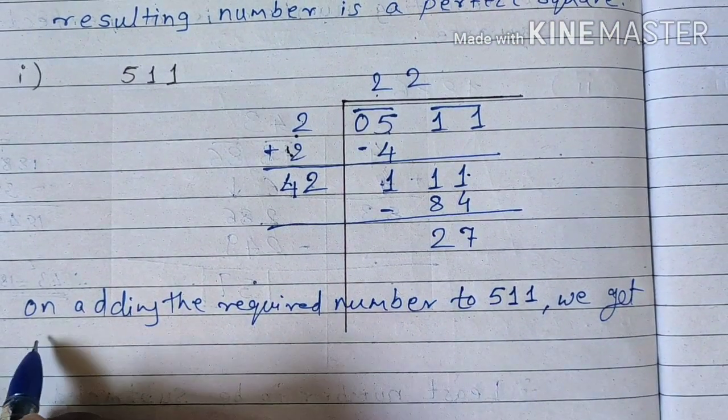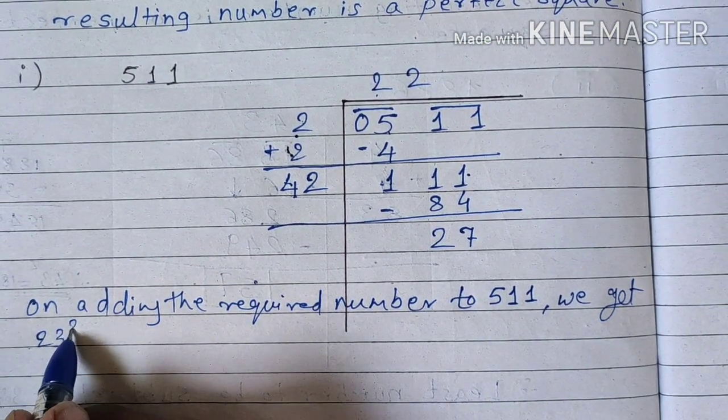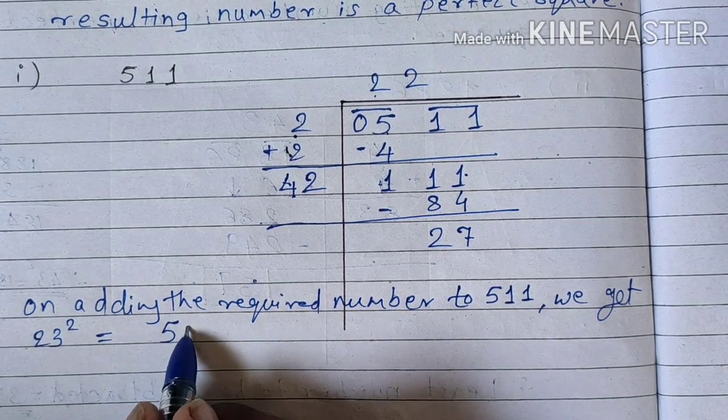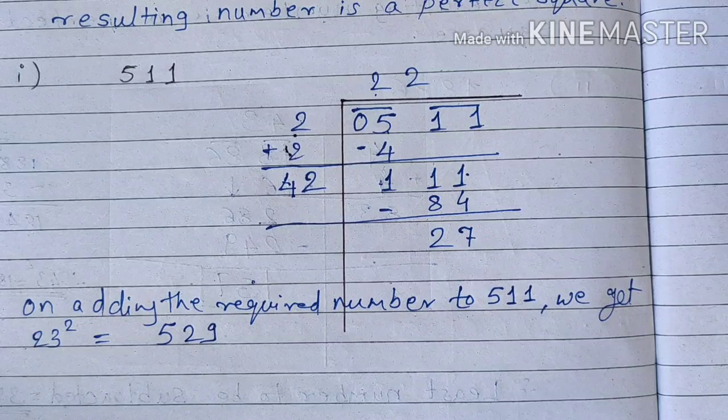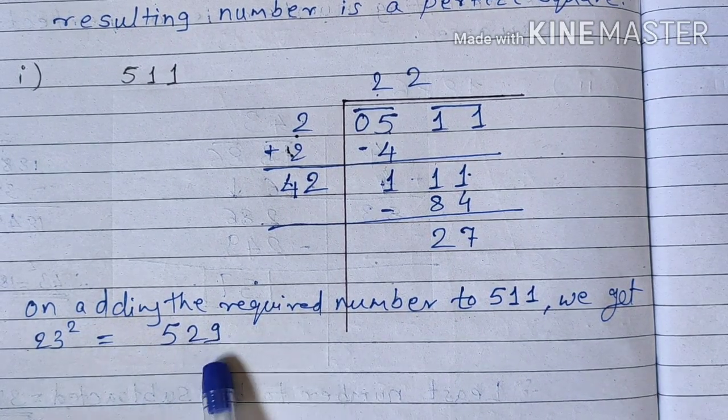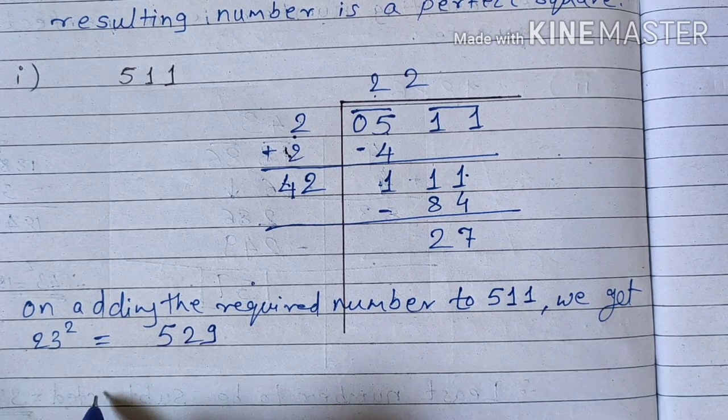What do we get? 23 square, which is 529. Okay, 529.